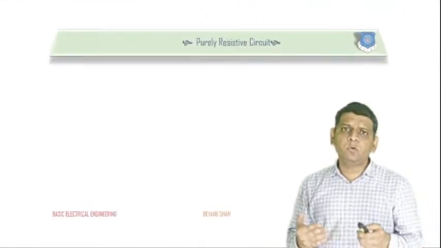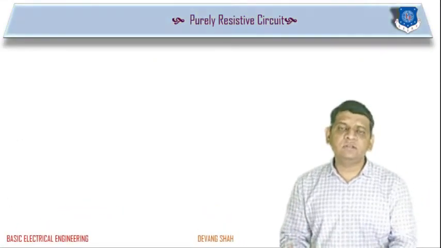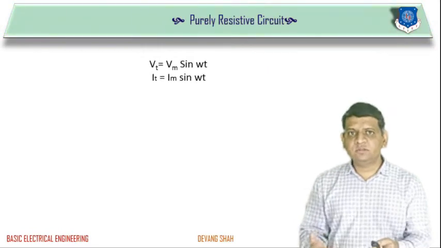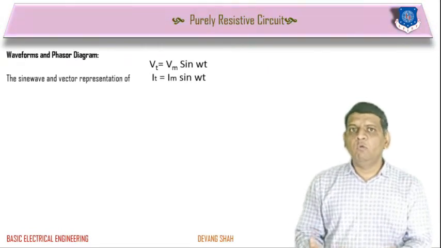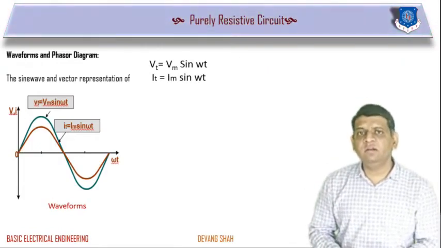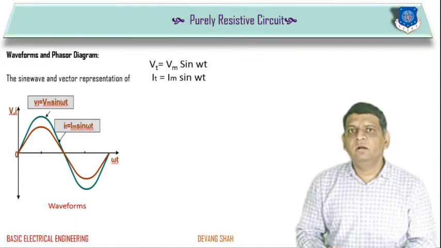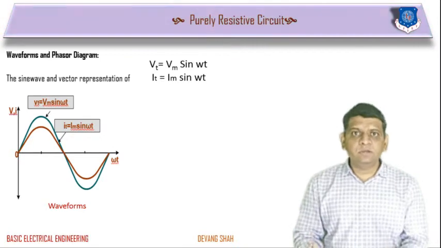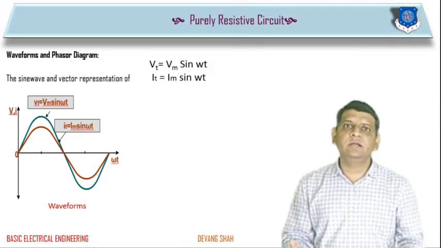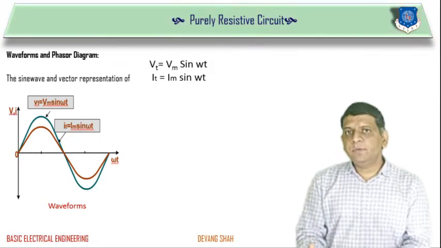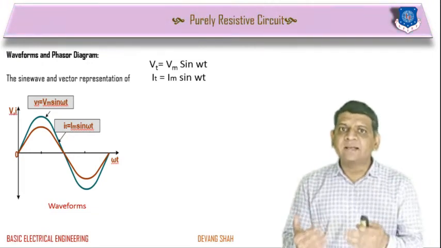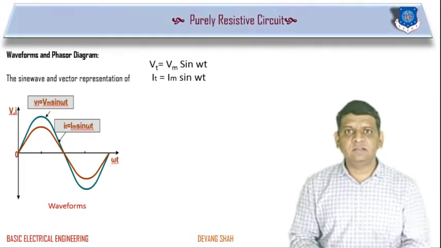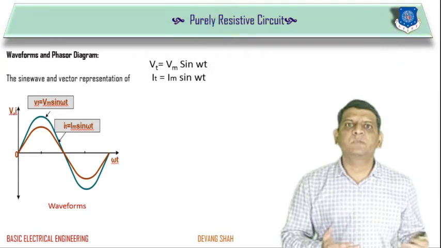Now let us discuss point number 2, where we have to draw the phasor diagram and waveform. Let's first discuss the waveform. In the waveform, the x-axis represents omega t and the y-axis represents the amplitude of voltage and current, where we show the maximum values of voltage and current as Vm and Im respectively.